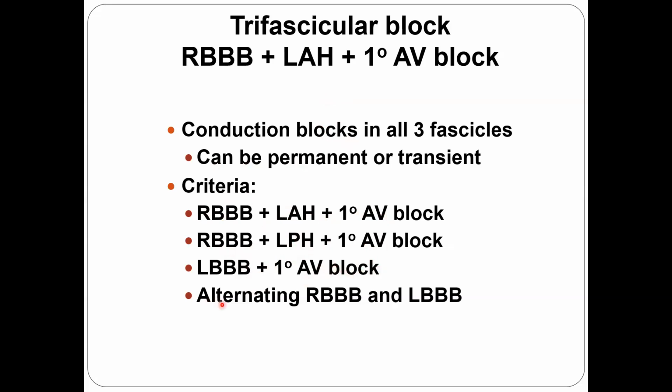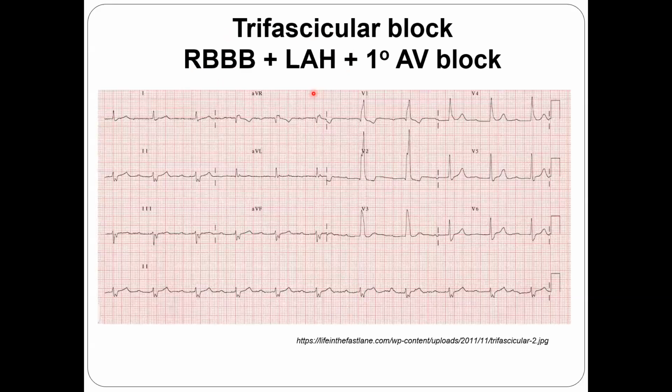Or we do have an alternating right bundle with left bundle branch block. This can happen. So these are all called a trifascicular block, but the easiest to diagnose is a right bundle branch block, hemiblock, and a first degree AV block. Okay, we will have this later on.